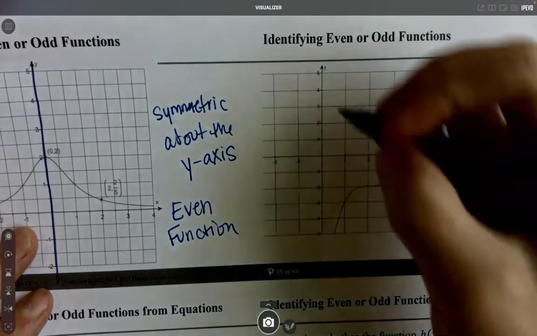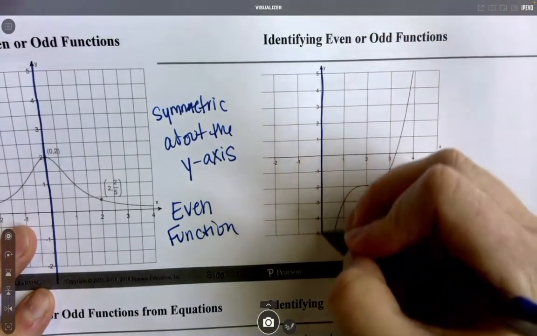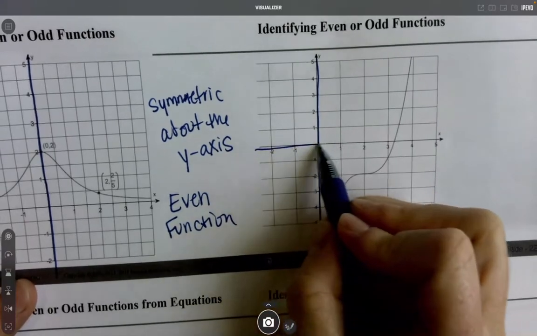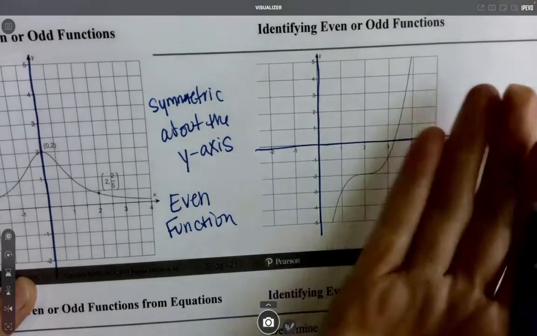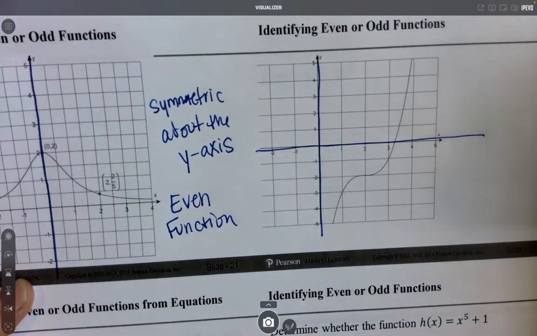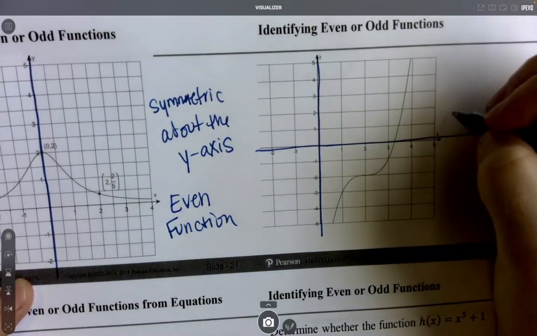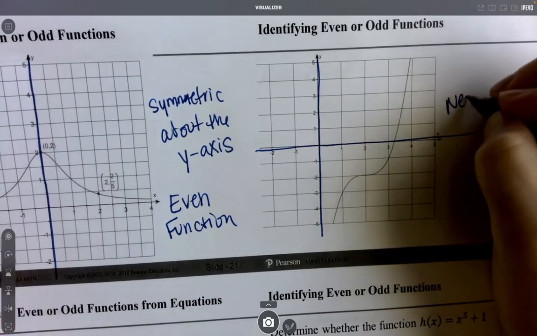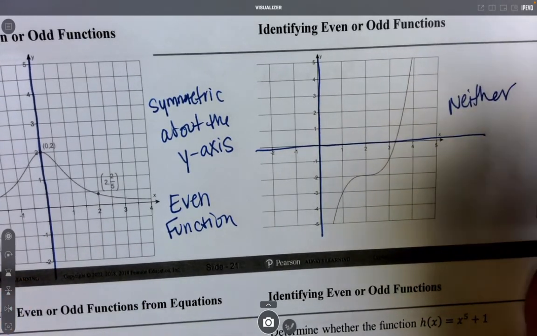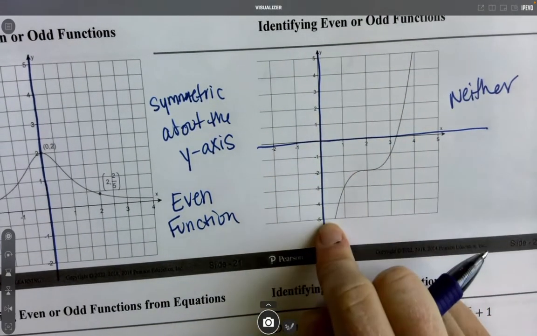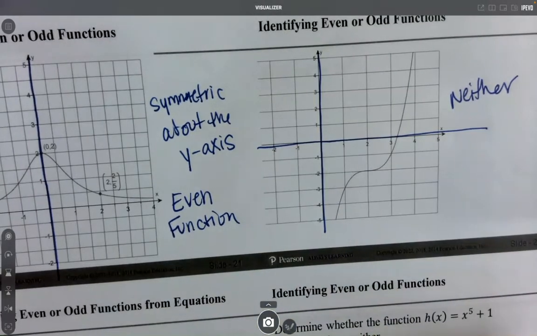Okay, the next one, if we look at this, it's not a reflection of any sort, like flipping it over. This is neither, not even or odd. If it went right through the origin and did this, then that would be an odd function.